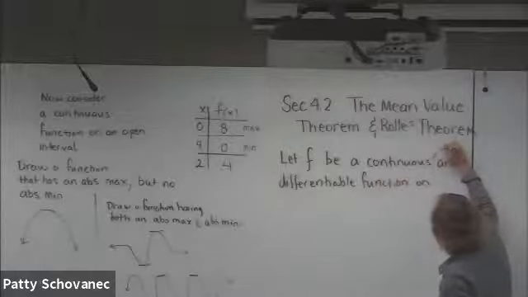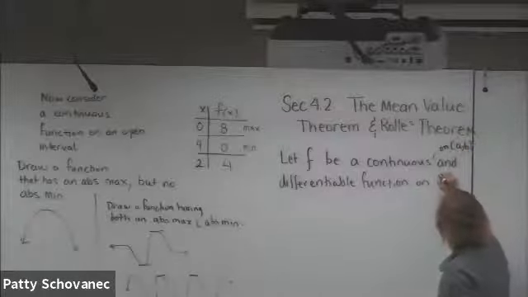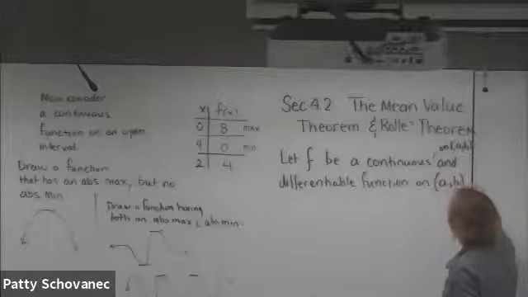It's going to be continuous on the closed interval and differentiable on the open interval because the derivative at the endpoints never exists anyway.